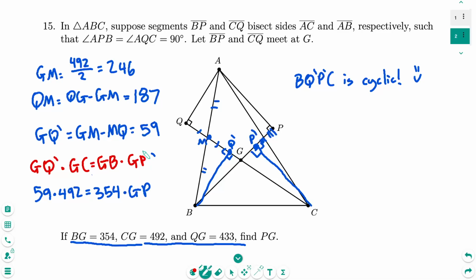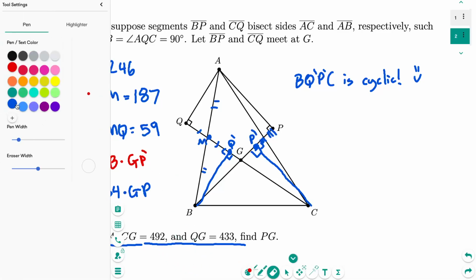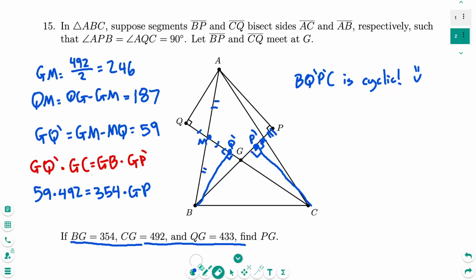Oh no, that prime right there did not move with the thing. So let's rewrite it. All right, switching back to blue, and now we can solve for GP prime, which is kind of what we wanted to do. So this is our equation.